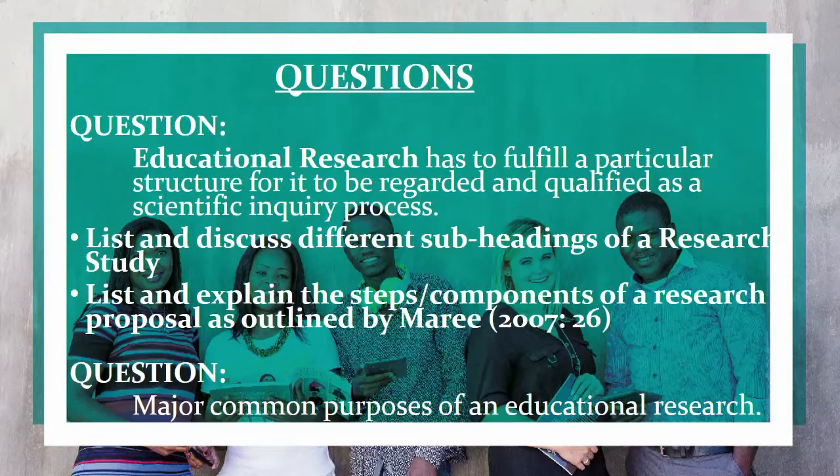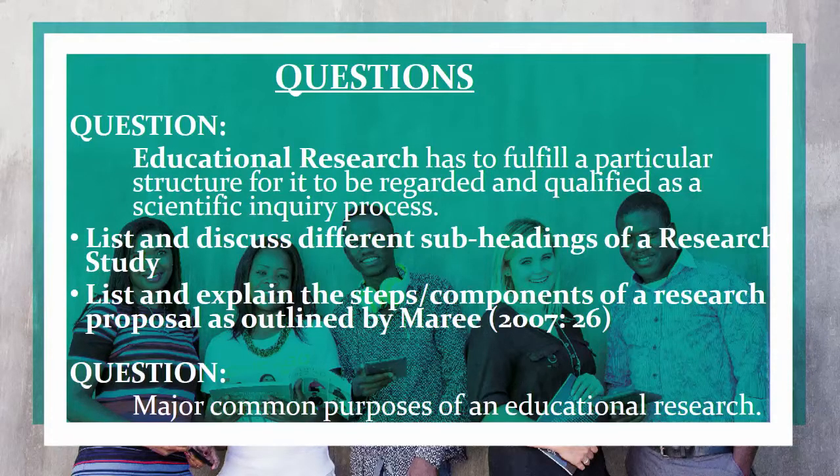We continue. Another question that you might expect or prepare for, I might ask with a statement. I start: educational research has to fulfill a particular structure for it to be regarded and qualified as a scientific inquiry process. That is just a statement. Now the question might be, list and discuss the different subheadings.